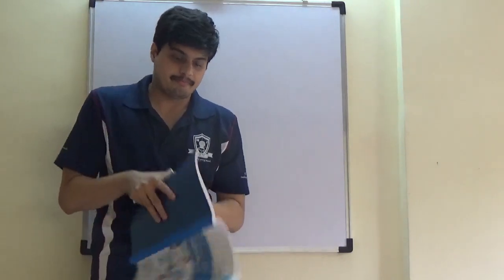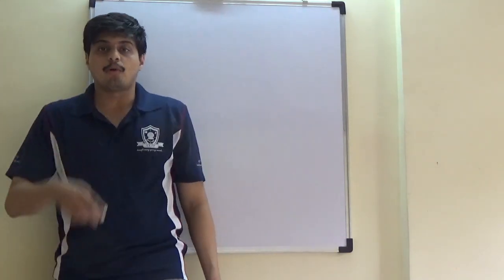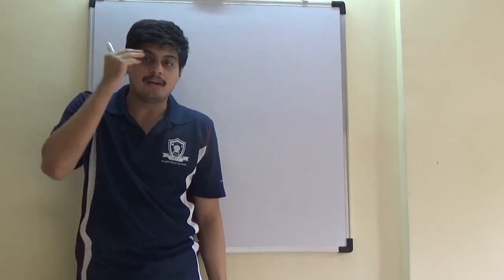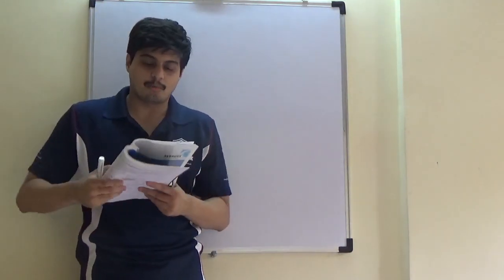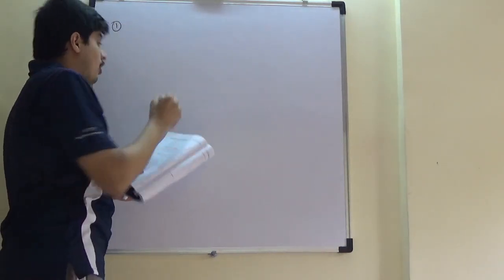So let's start. Some of these questions will be from an objective examination point of view, while some will be from a more concept and theory understanding point of view. So question 1 is on a cylinder.